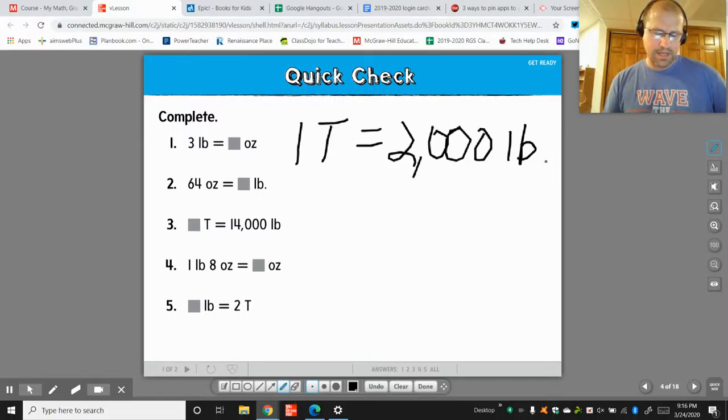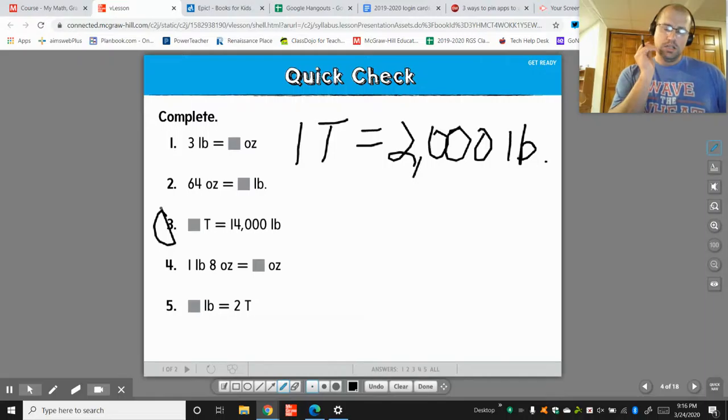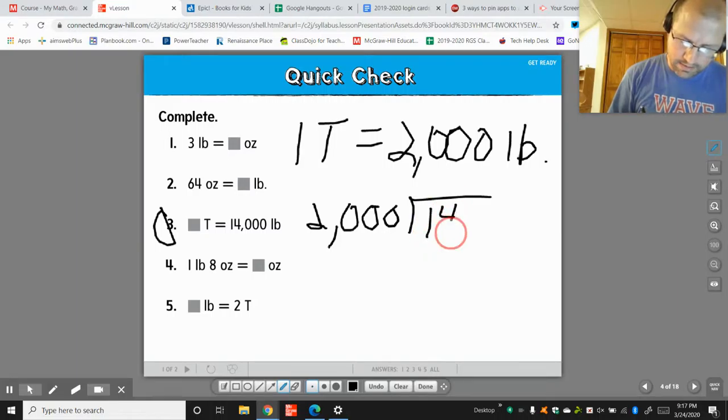That's labeled LB. So number 3, for example, if we're going to do 14,000 pounds, how many tons? So we're going from the larger unit to the smaller unit. So that means we need to divide. So that's where we get to do some of our magic. Take 14,000 divided by 2,000.